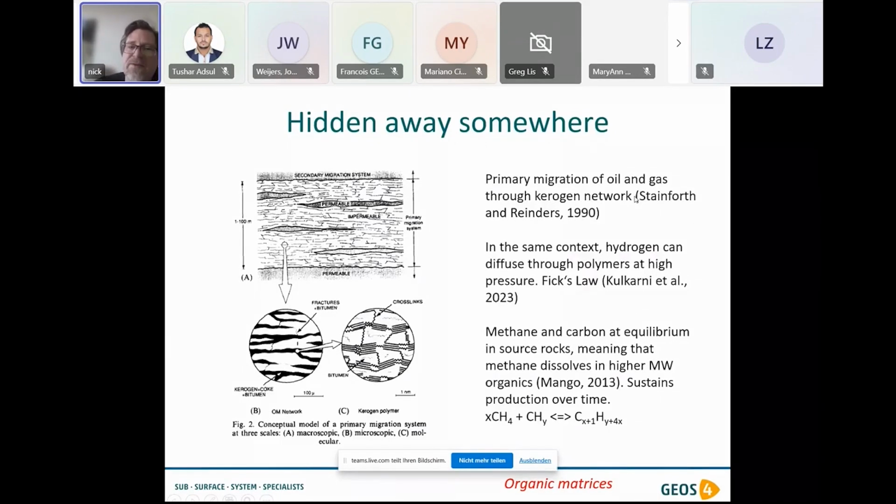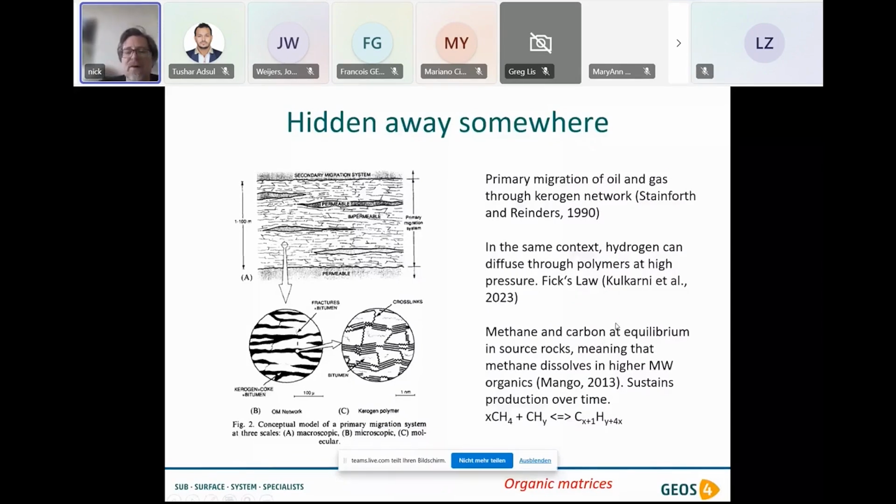Stainforth and Reinders, for example, modeled primary migration of oil and gas by active diffusion through the kerogen network. And in the same context, hydrogen can diffuse through polymers under high pressures at rates governed by Fick's law.